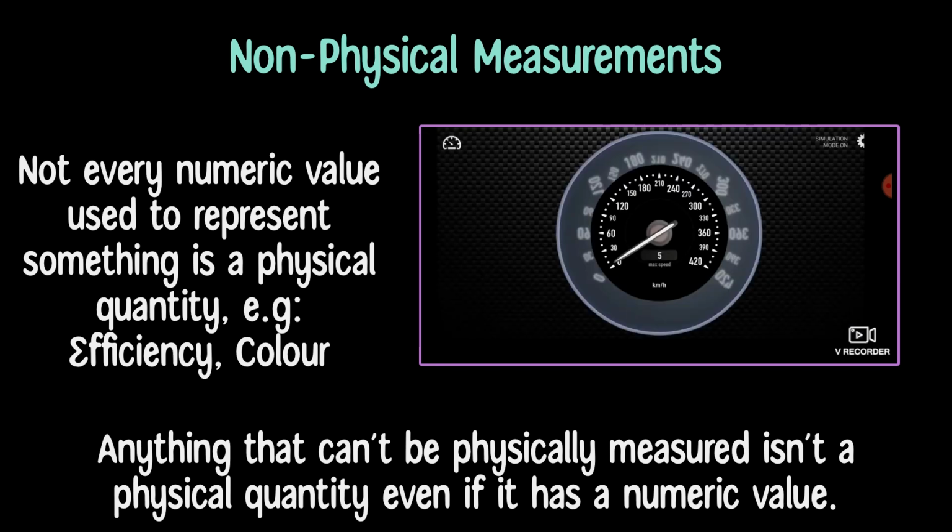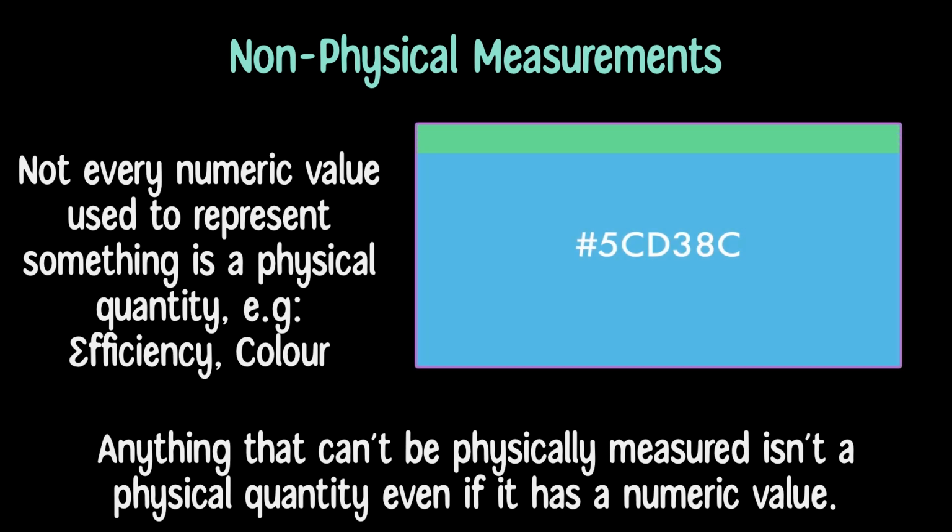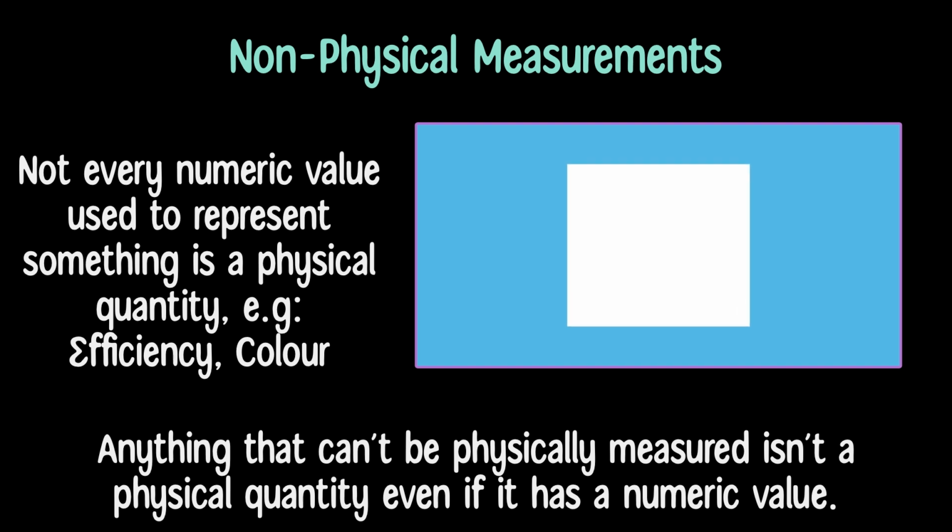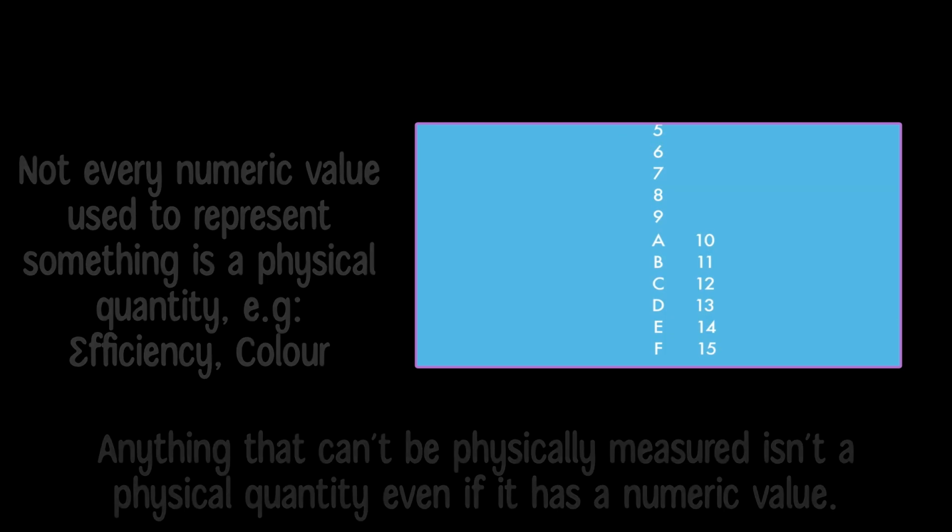Weight is a physical quantity because we can measure it using weighing scales. Time is a physical quantity. We can measure it with stopwatches. But things like efficiency and color and taste, they can't be physically measured and are only derived from other values. And this is the reason why these quantities don't have a standard unit and often vary depending on the values that they are made up of.